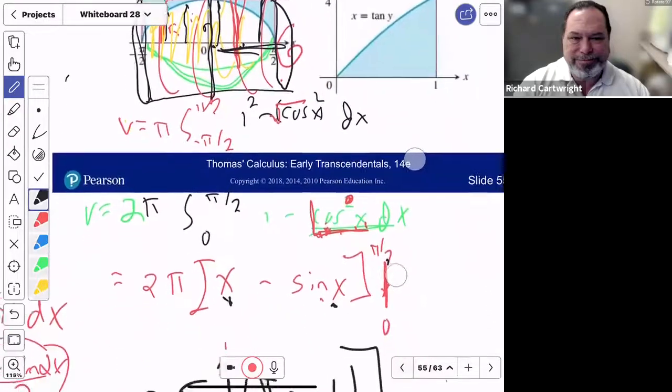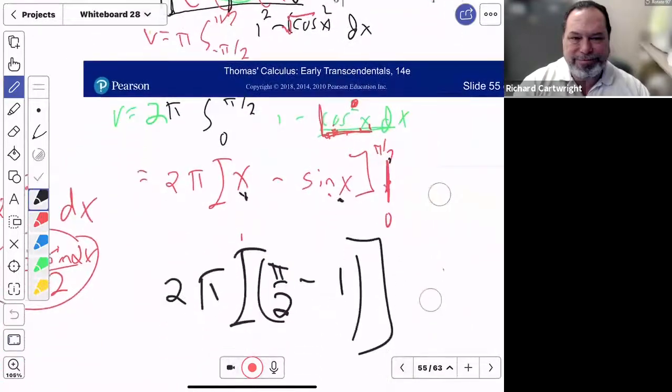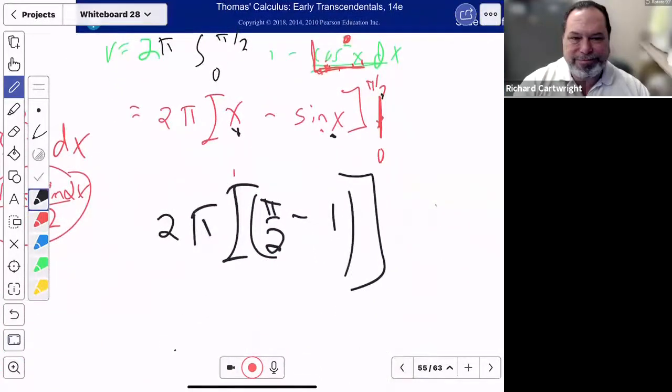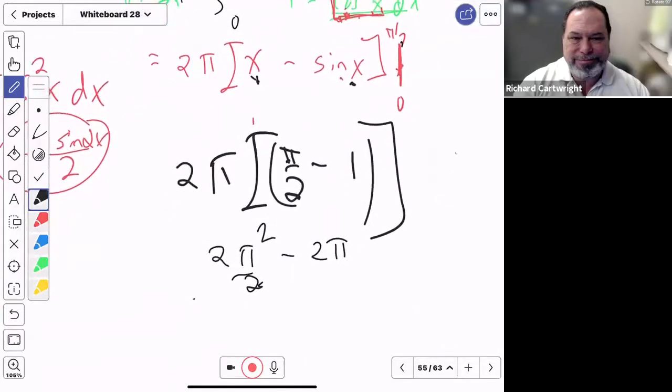Go ahead, somebody, save me. You see something else? Why does it look like my answer should work? 2 pi times, 2 pi times pi is 2 pi squared over 2 minus 2 pi. That's what happened. I don't think I squared something.